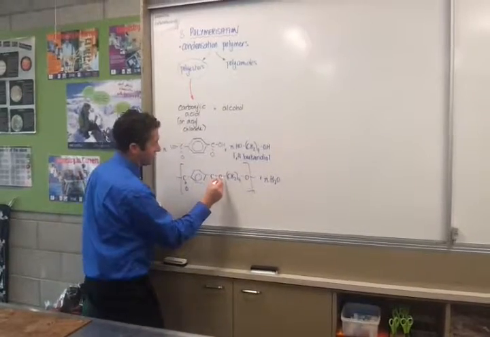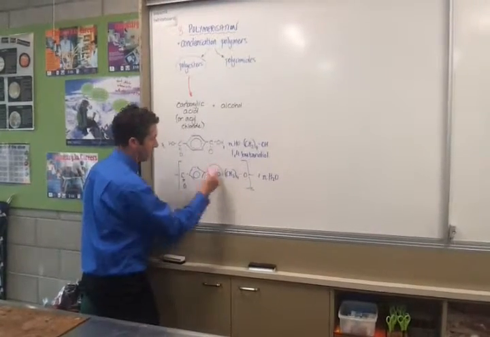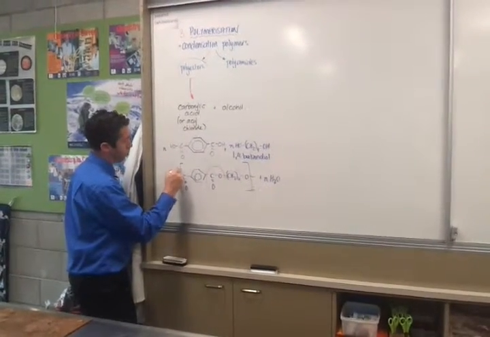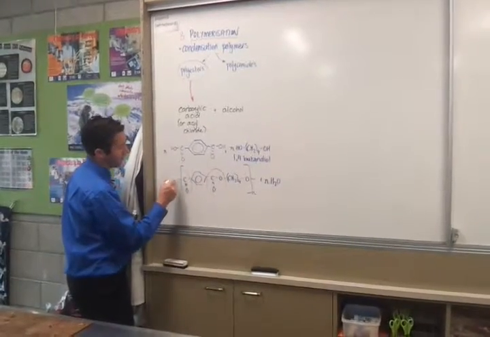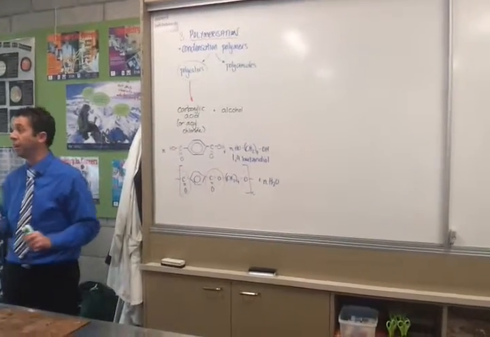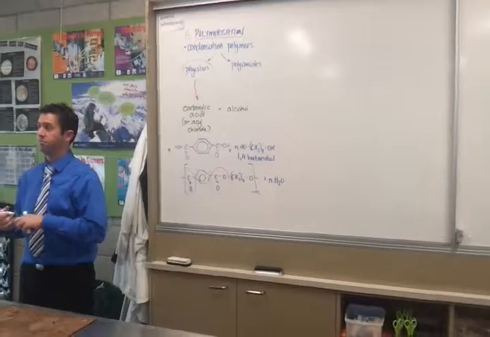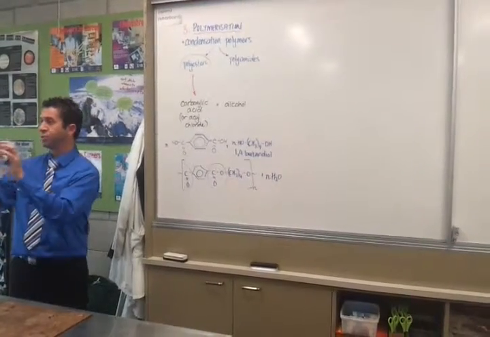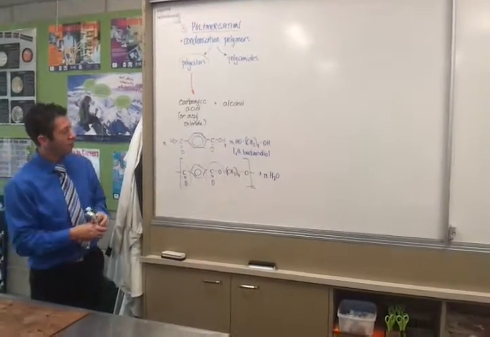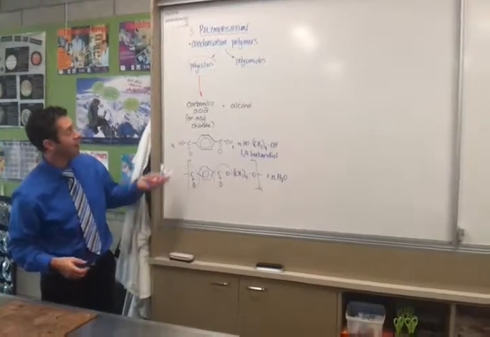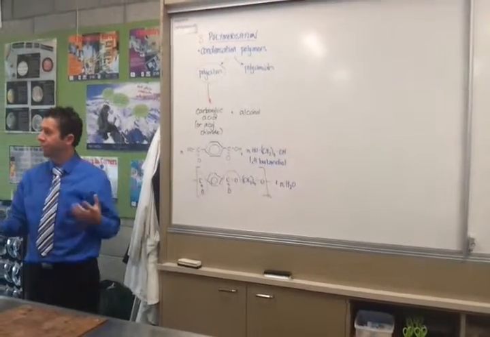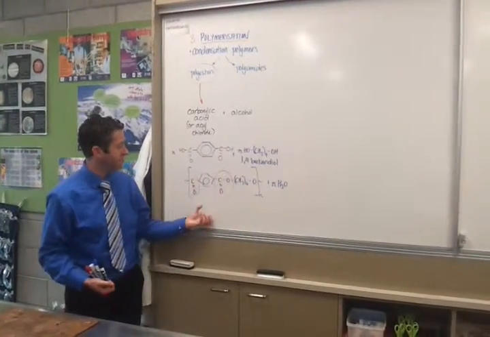Okay, so very good. You can see there's an ester group here, and actually it's not quite shown there that you've got an ester group on each end as well. So the ester group is what holds the polymer together. Alright? So that's how two different monomers can be combined to make an ester.